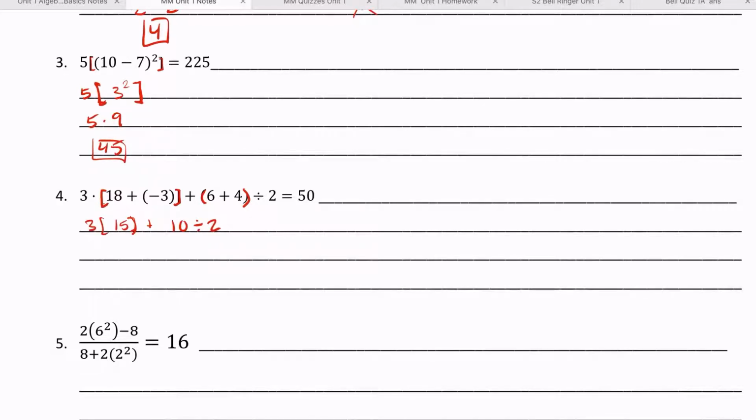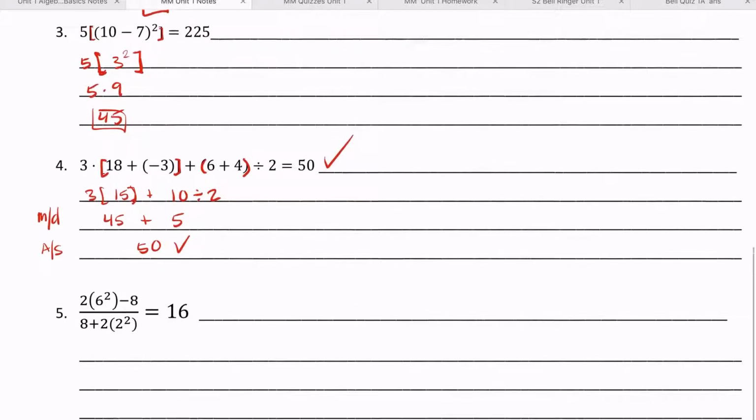Now that we're done with our parentheses, we don't have exponents, so let's do our multiplication and division. That gives us 45 plus 5. And then we do our addition and subtraction, which gives us 50. So there, your friend actually got the right answer.